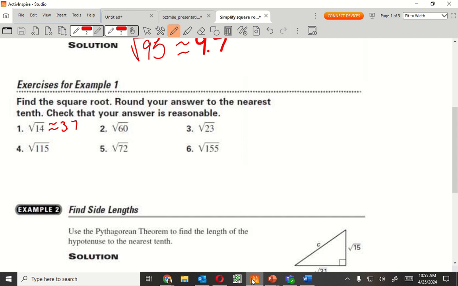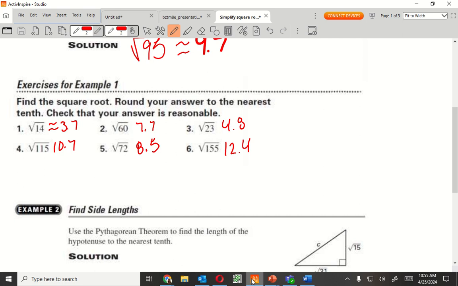Okay, what do we get for number 2? 7.7. 3? 4.8. What do we get for 4? 10.7. 5? 8.5. 6? 12.4. Does everyone agree with all those? I can go back over it if you want to double check.